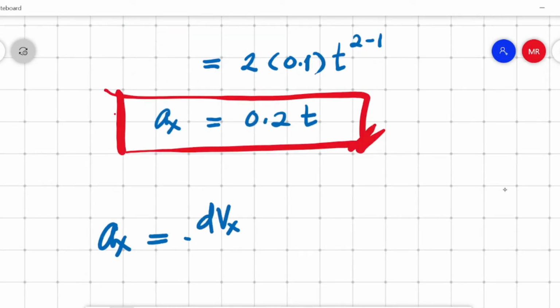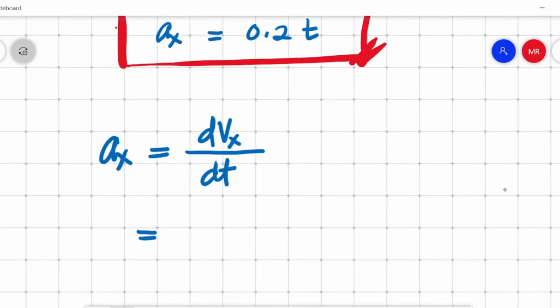is dvx over dt, or we can have this as 1 over dt times dvx. But dvx, if ax is dvx over dt, therefore dvx is ax dt.